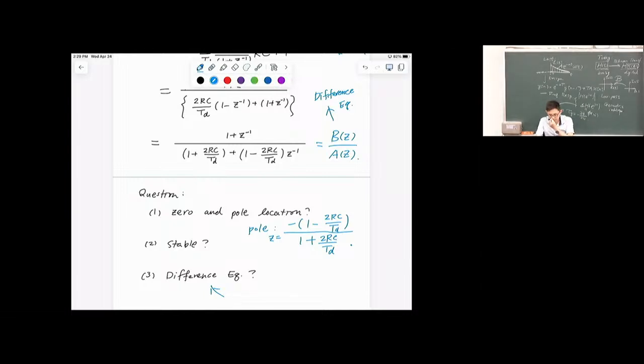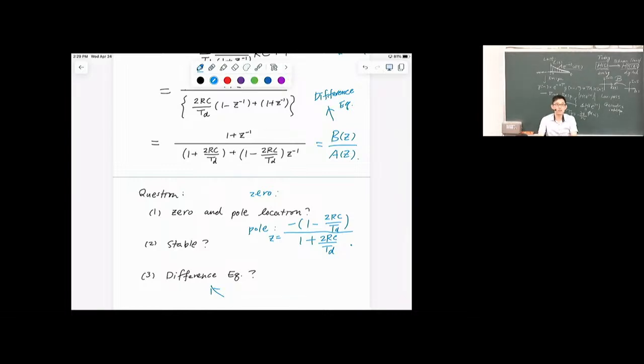And so that's that. How about the zero? Can anybody tell me where's the zero? Where's the zero? I promise I won't give extra credit on Wednesday. 可以吗？保证不加分。Where's the zero? At z equals to where? -1, right? 负1.